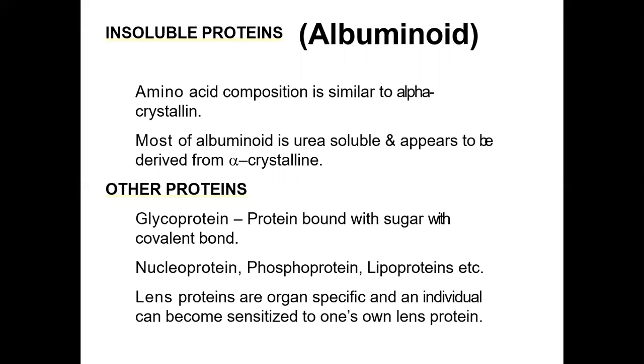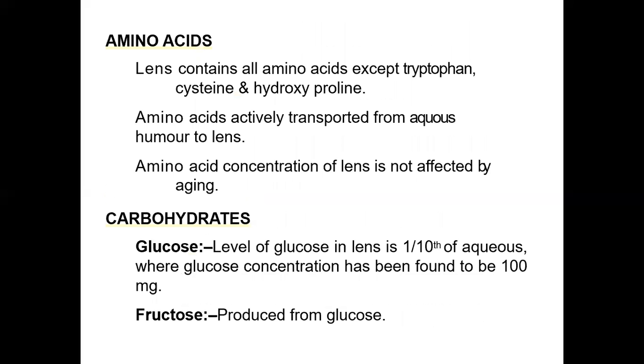Sometimes one of the proteins is denatured due to some malfunction, disease or external effects. So that protein gets denatured and causes problems. But it definitely varies from person to person. Amino acid.